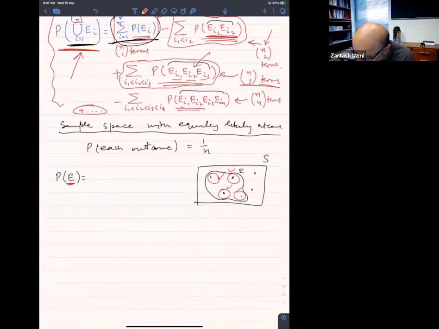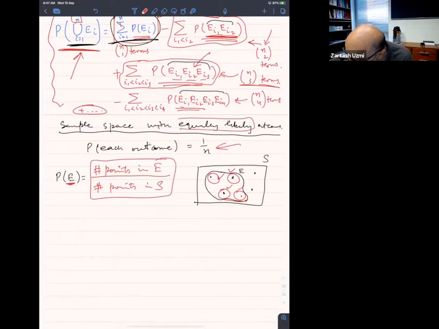But the probability of each of the outcomes is 1 over n. So this is really equal to the number of points in E divided by the number of points in S. This only applies when you have equally likely outcomes. If the outcomes are not equally likely, you will have to do something else. You will have to wait.